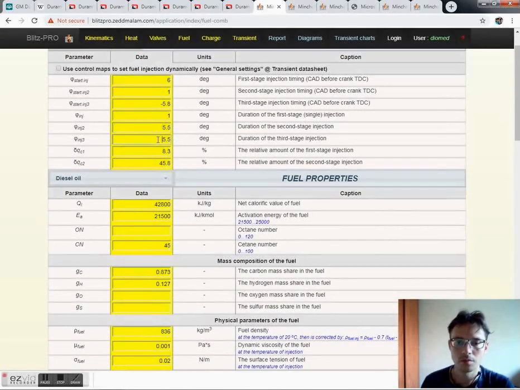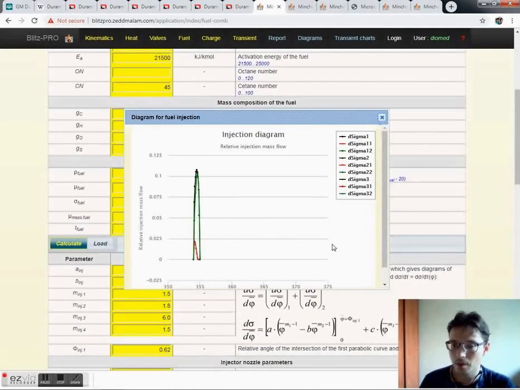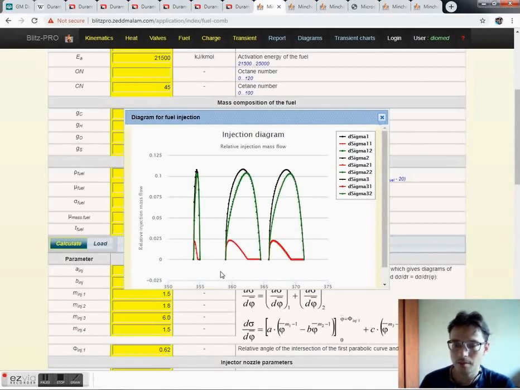And when we make multiple fuel injections, we should avoid interaction of different injections one on another. Okay, so this one, so the pilot injection and two main injections.